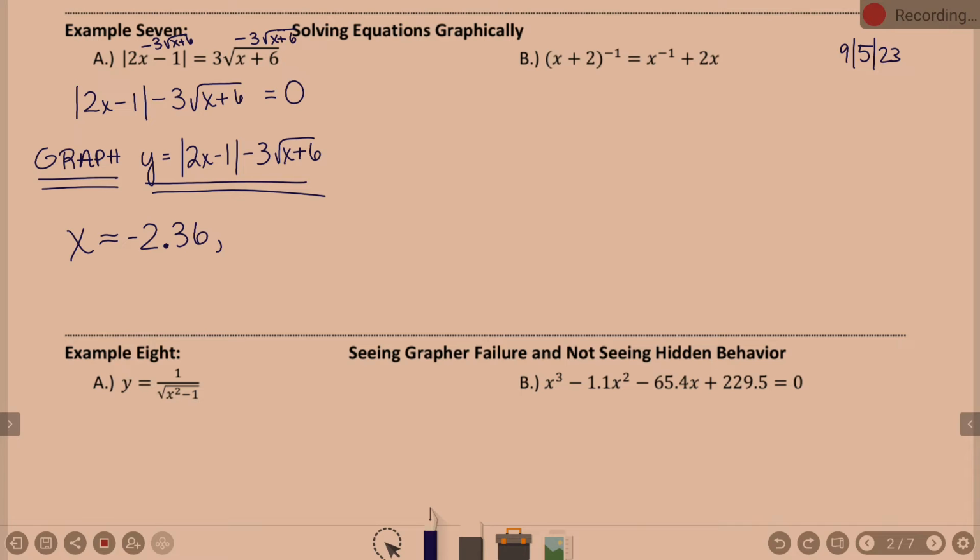Right bound. I'm going to go through the x-axis. Now I'm on the right of it. My guess is back in that ballpark. Again, it says zero, and my y value is 0. So my other answer is approximately 5.61.